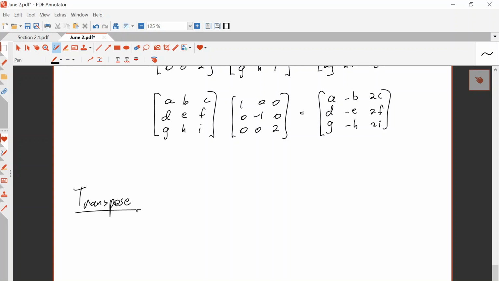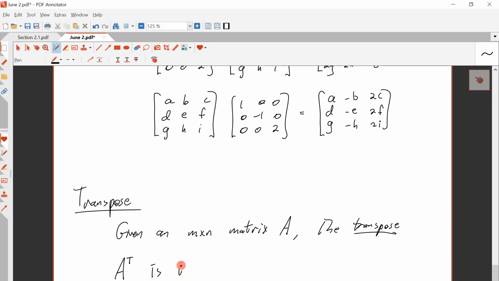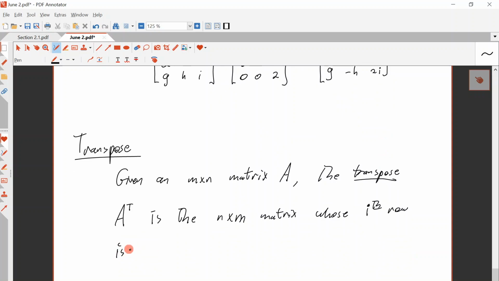Given an m by n matrix A, the transpose is the n by m matrix whose ith row is the ith column of A. So you exchange rows and columns.